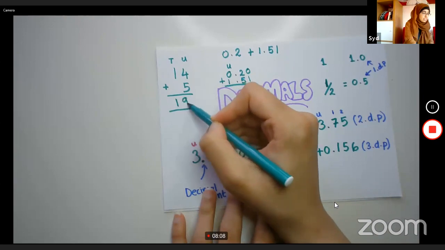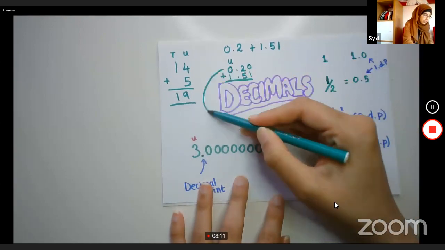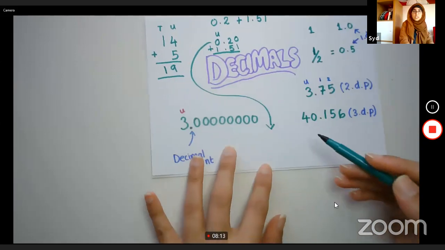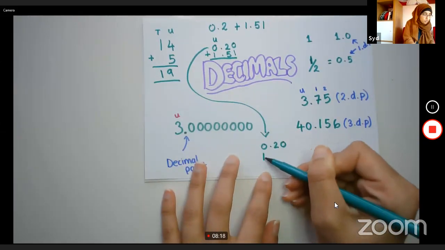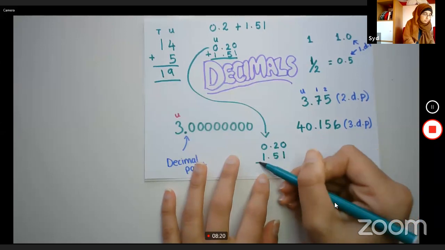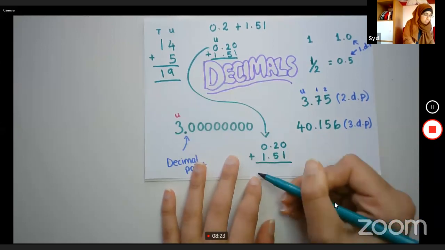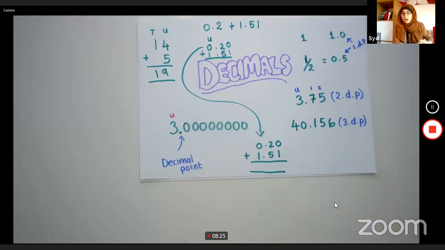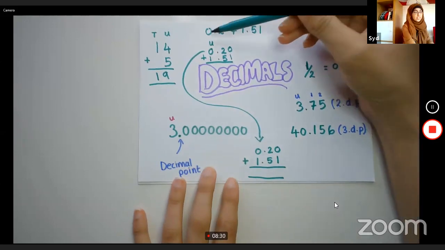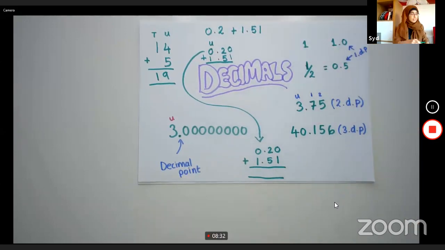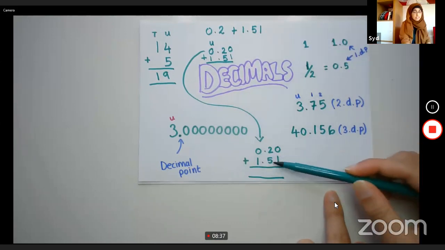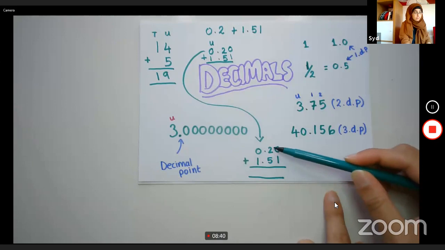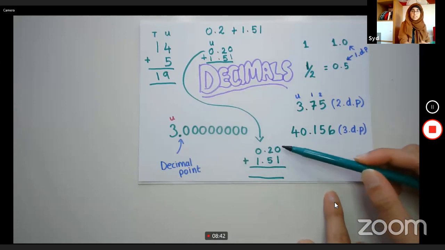Right, I'm going to write this up again over here, and I want you to have a go at doing this one for me. So we've got 0.20 and 1.51. We're going to add these up. What's going to be our answer? It works exactly the same way. The only thing I've done is I've lined up the units. Okay, we don't line up the last number. I didn't do 2 and 1. Nope, I lined up the units, and then the decimal places, first decimal place is lined up, second decimal place is lined up.